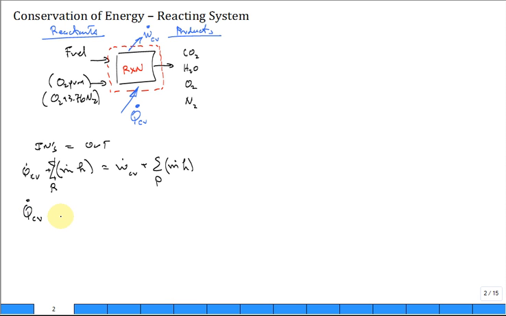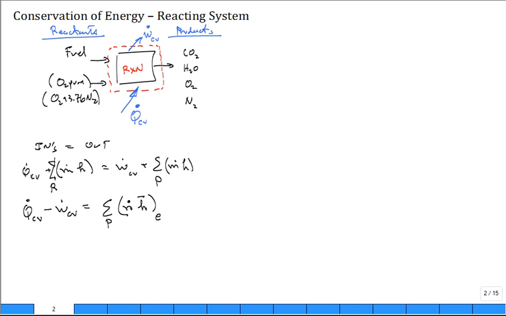The rate of heat transfer in minus the rate of shaft work out is equal to the sum of the molar flow rates of every one of those products times its molar enthalpy, summed over all of those products which are exiting. I'm trying to use the notation in the textbook.